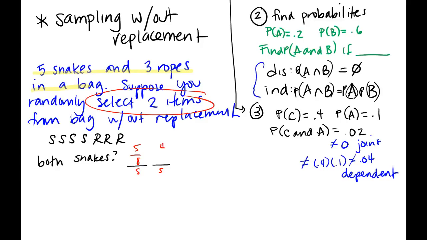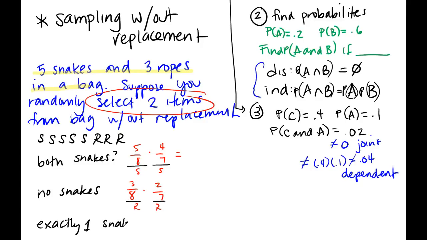And the next one being a snake is 4 out of 7. The other question I can ask: no snakes, no danger noodles. In this case, we'd be pulling rope both times. So this would be 3 out of 8, and then 2 out of 7.